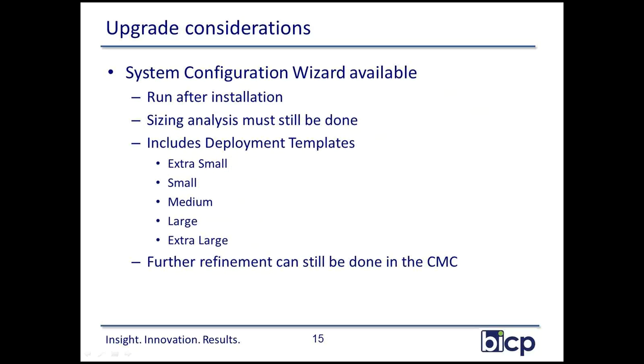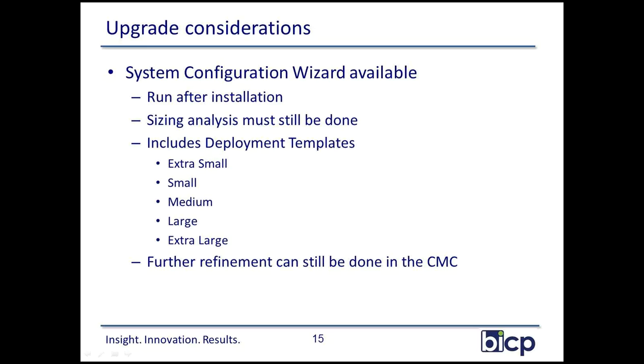So one item that's new is the System Configuration Wizard. This is run after an install or an upgrade. It does not replace the sizing analysis. You still need to do that, but what it does is it provides a user interface to complete a generic or a basic tuning effort, right?